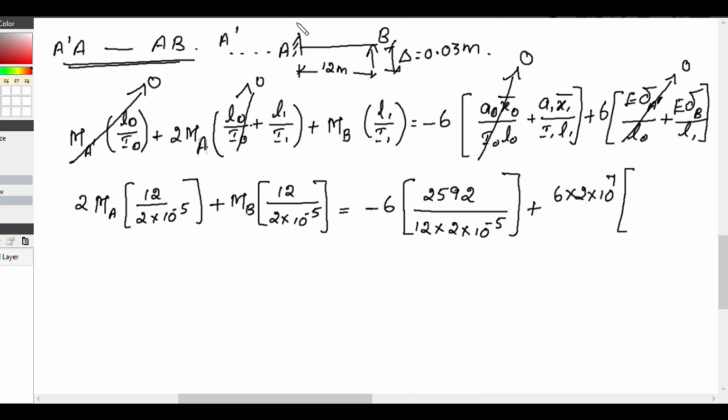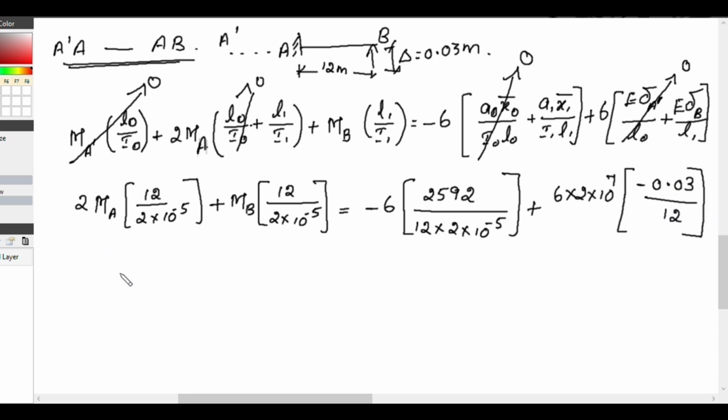That means, see, A is taken as the reference. B is below A. A is the mid support. So A is the reference. B is below A, so it is minus 0.03 by L1, which is 12.